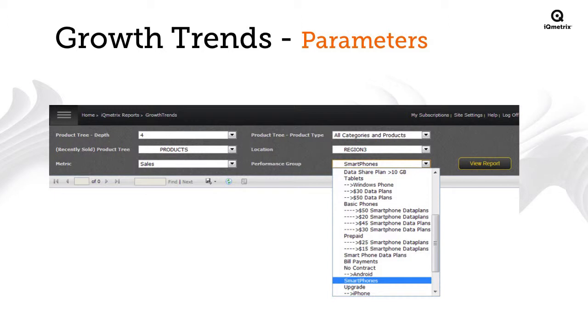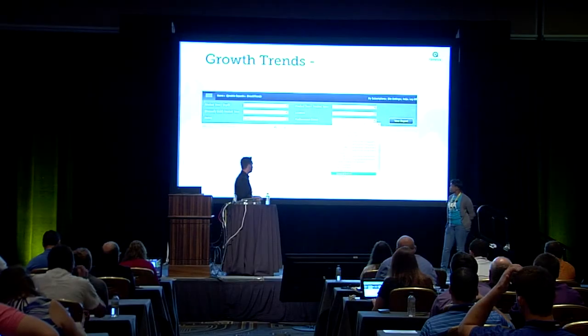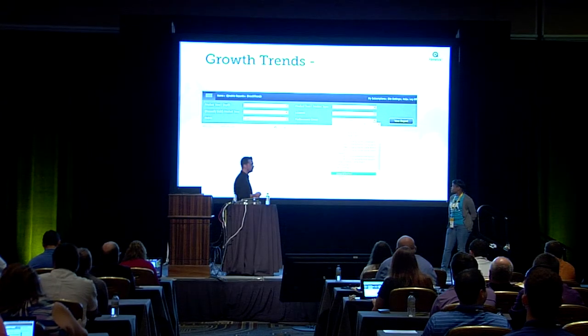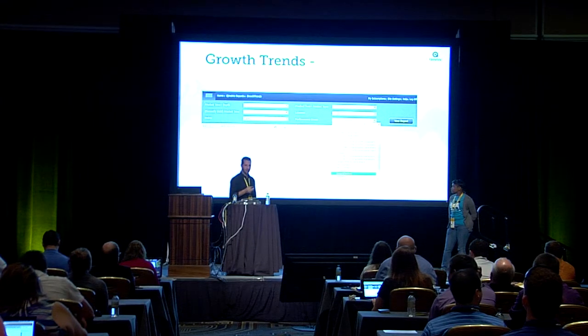We can run this for all of our locations or a particular region, a particular district, a particular store. In this case, we're going to look at region 3. And then if you have your performance groups configured in RQ, you can report on any of them as well. So how are smartphones selling in region 3? That's an interesting question. Let's have a look.